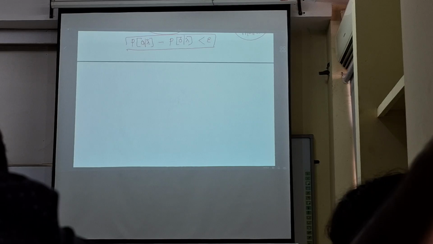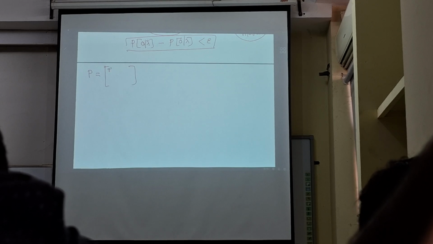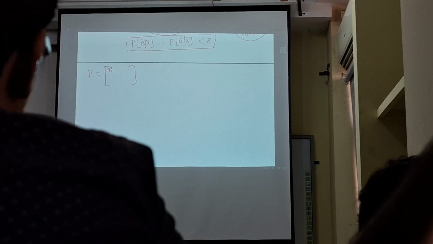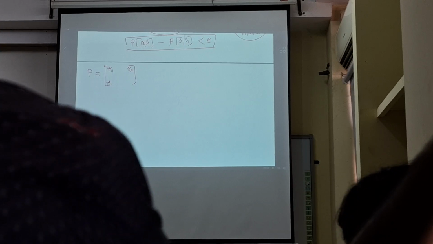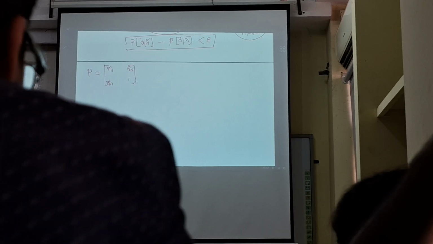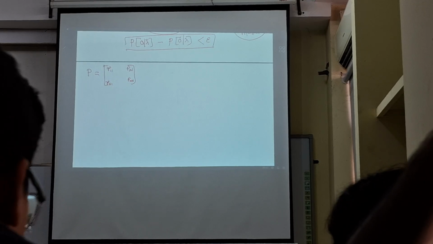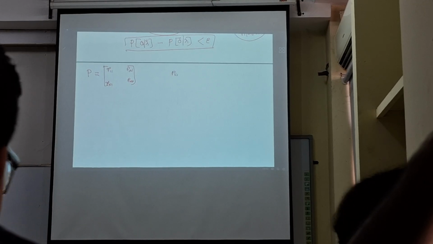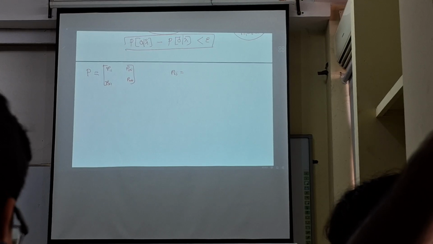The question is, how can we set this? What is P? P is the transition probability matrix. Right? Then we need a way so that we can calculate this one. How can we define this one?